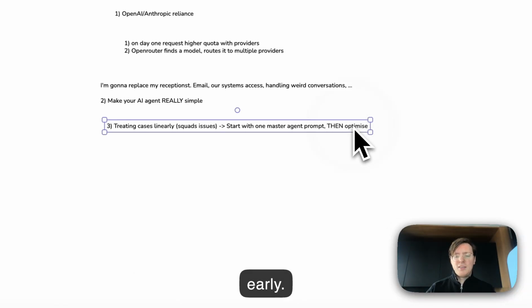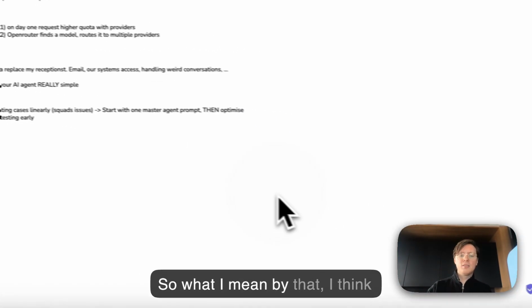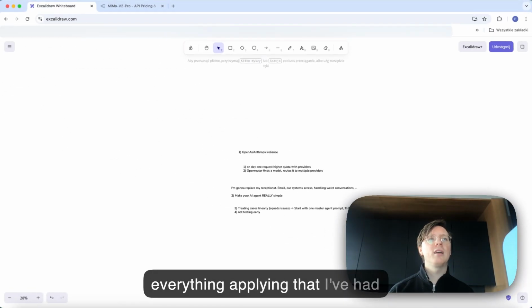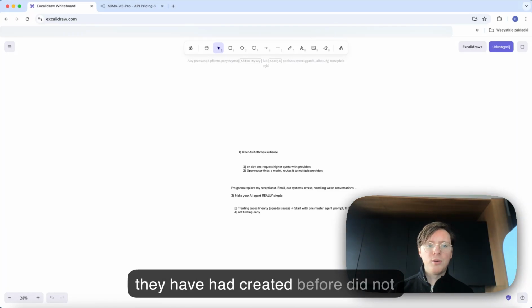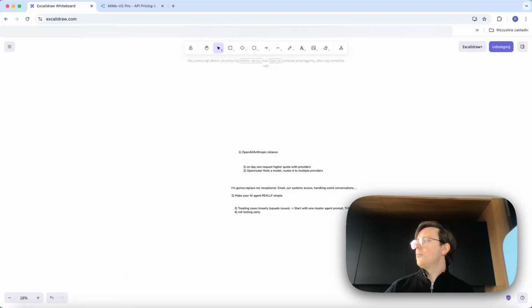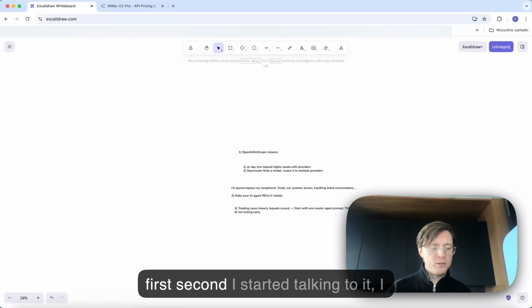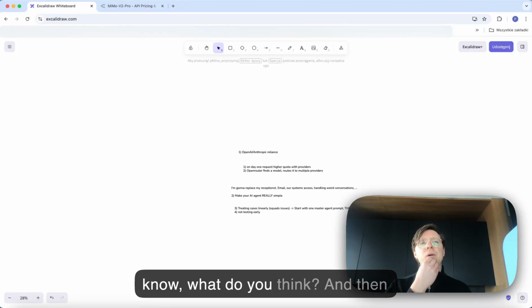Not testing early. So what I mean by that, I think every single client that I've had, when they showed me the agent that they had created before, did not test it well enough, because the very first second I started talking to it, I said things like, I don't know, what do you think?